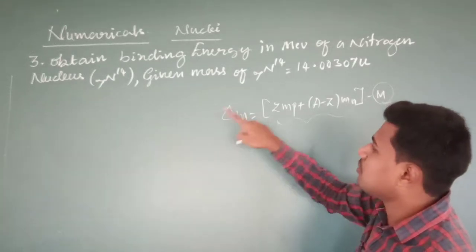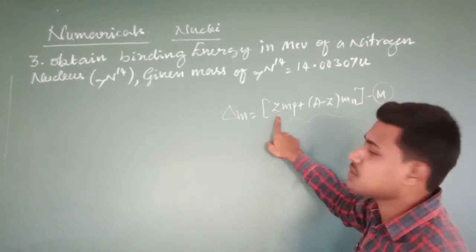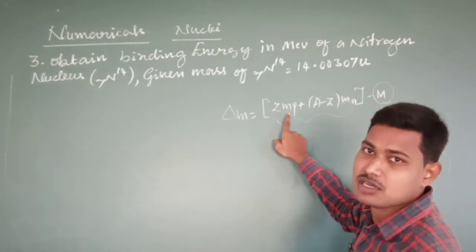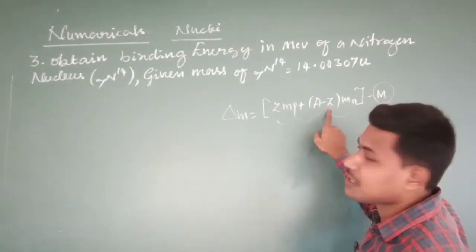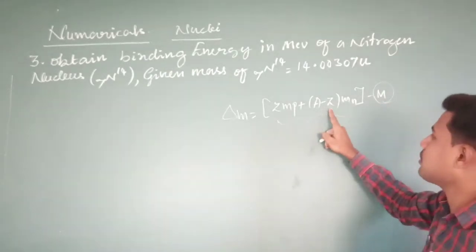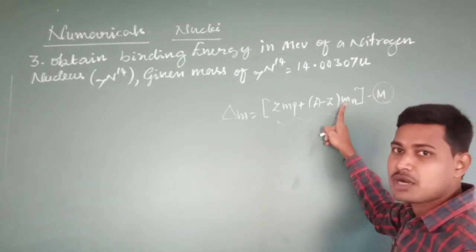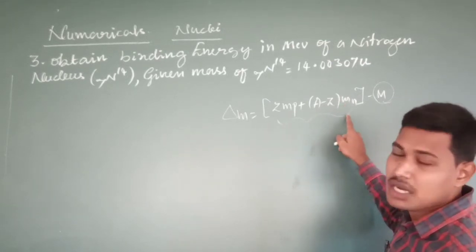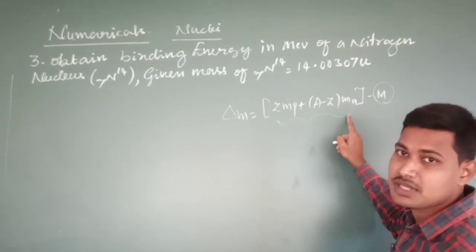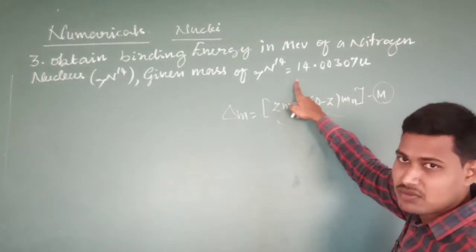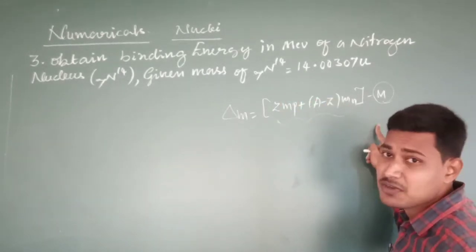There are 7 protons in nitrogen, so 7 into mass of proton, plus A minus Z, that is 14 minus 7, 7 neutrons, so 7 into mass of neutron. Subtracting the actual mass of the nucleus that they have given, you will get the mass defect.